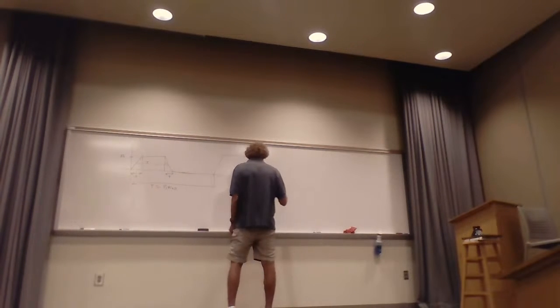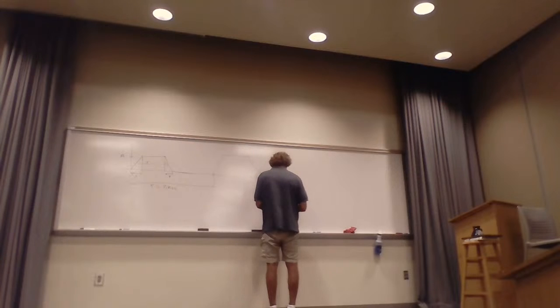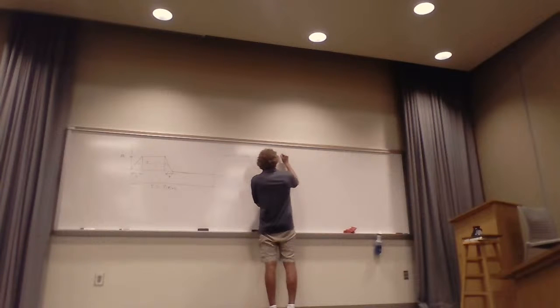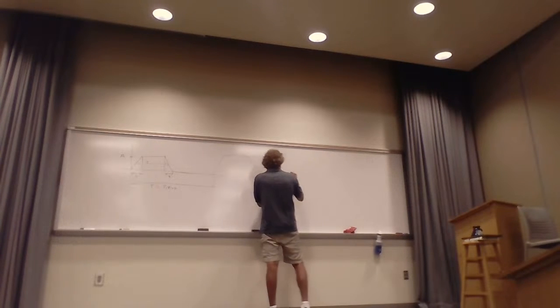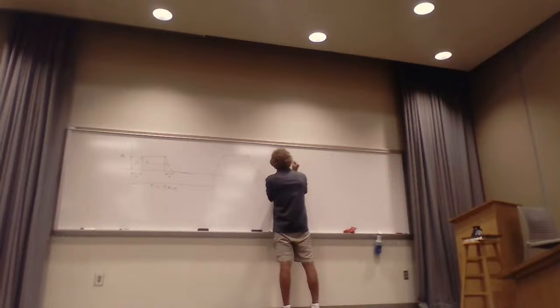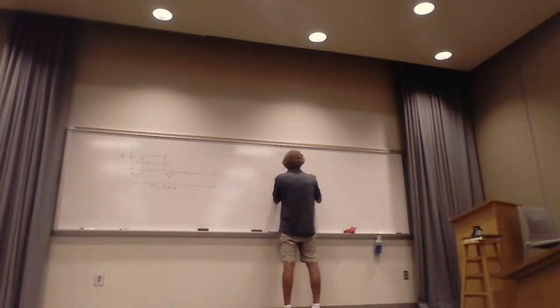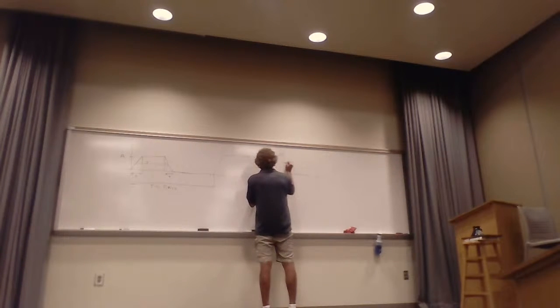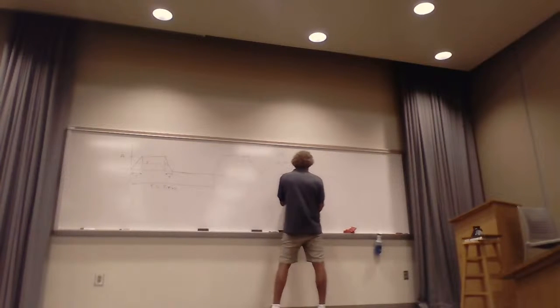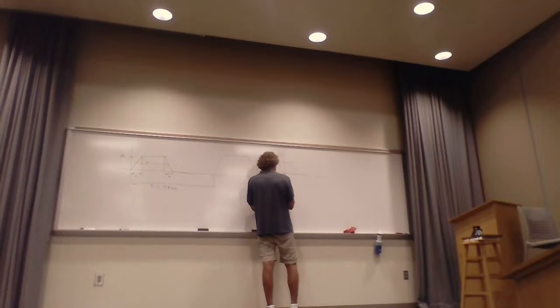I'm going to do it over here. And it repeats itself. This is A over tau, where tau is going to be the rise time. This will be minus A over tau.